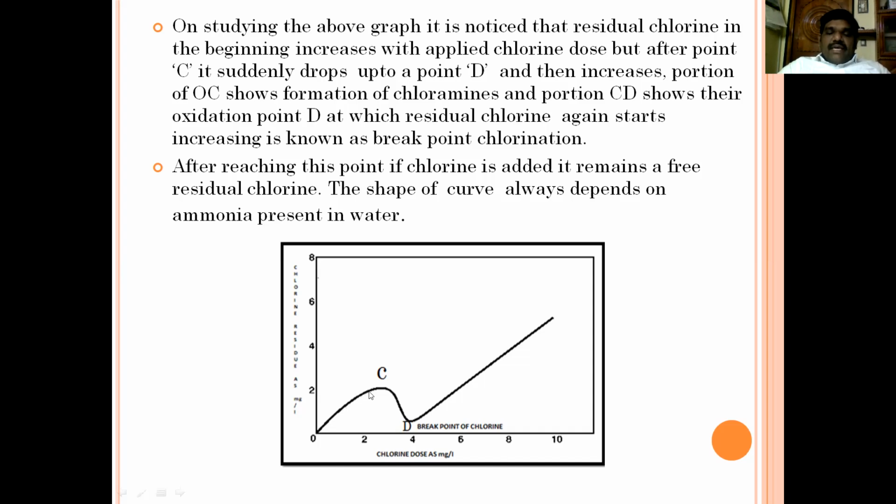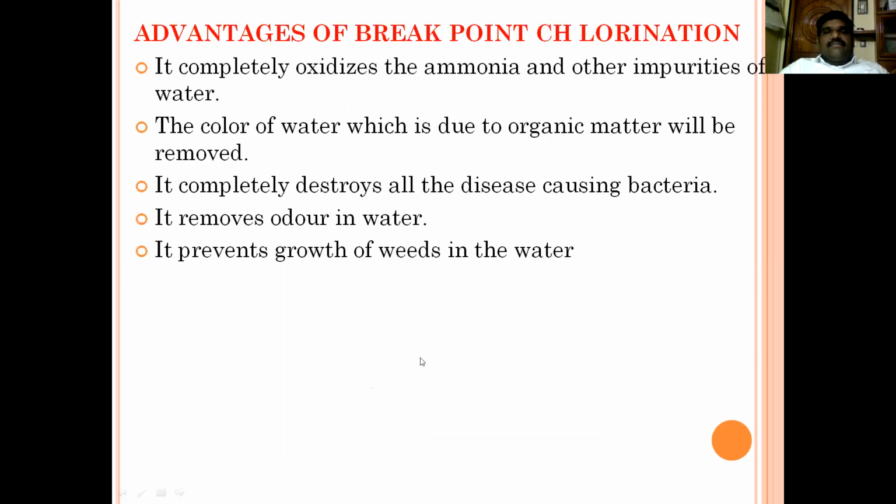After a period of time, at point C, the deposition of residual chlorine suddenly drops up to D. That means here the residual chlorine starts oxidizing the ammonia and other impurities of water. Because of that break point, it oxidizes ammonia and other impurities completely.